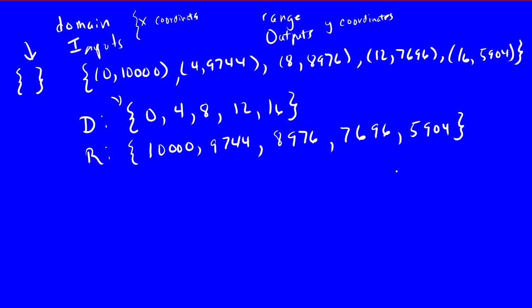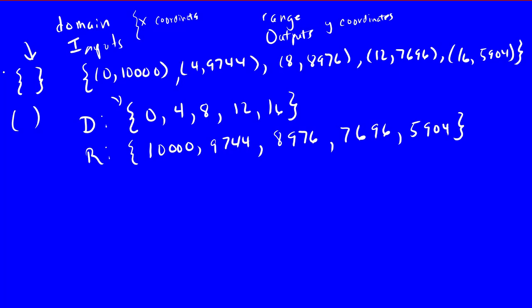And my set closes. Note that this is not a set. The parentheses are going to denote an ordered pair, right? Like 0, comma, 10,000. But braces denote a set. So any relation is going to have a set of domain values and a set of range values.